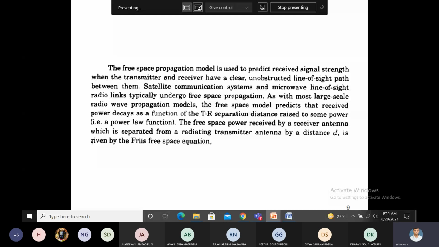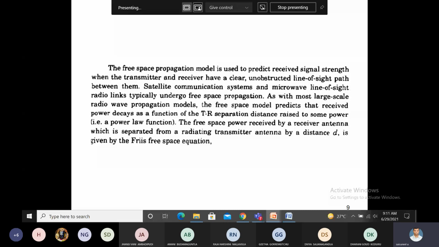There is no obstacle between transmitter and receiver. Examples of free space propagation are satellite communication and microwave line of sight links.